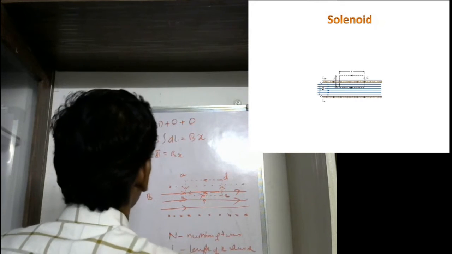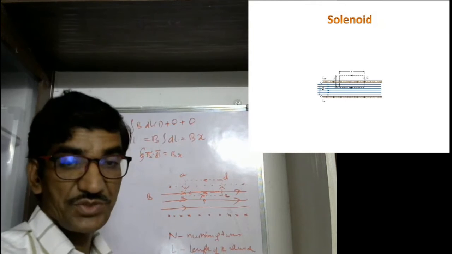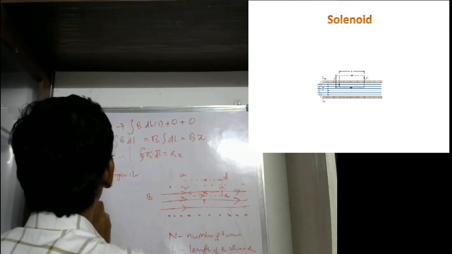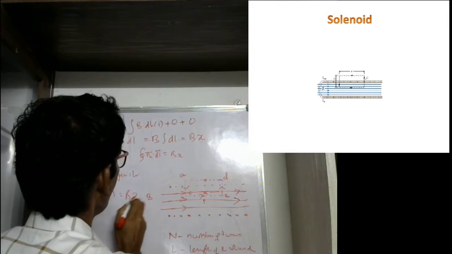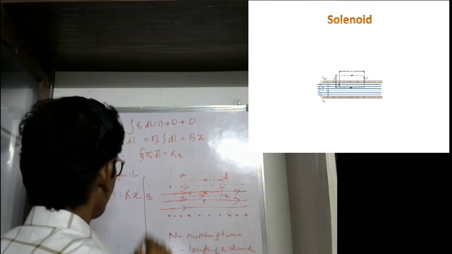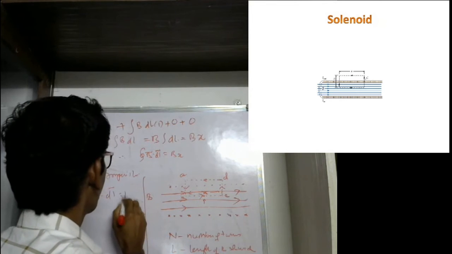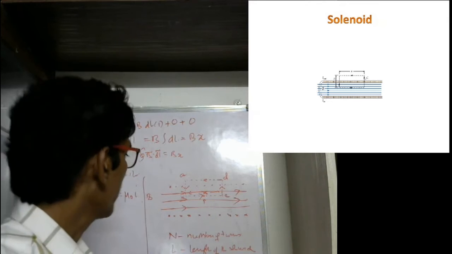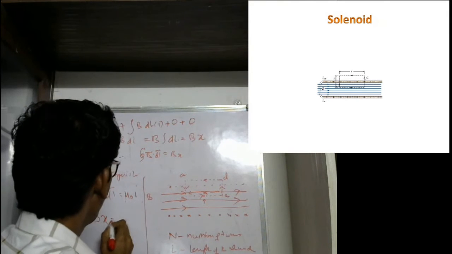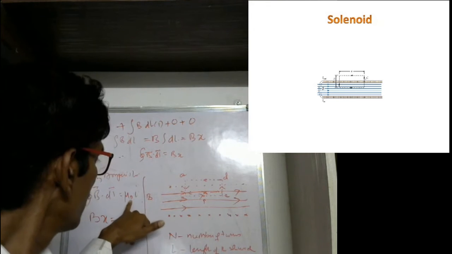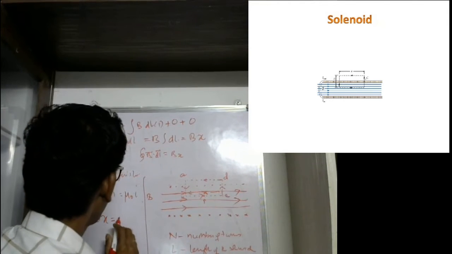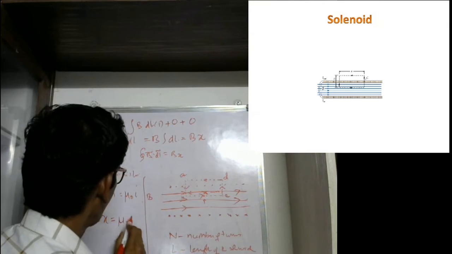Now, using Ampere's law, integral B dot dl is equal to mu naught I. On this side you got Bx, so Bx is equal to mu naught I. B into dl means B into x, so integral B dot dl is Bx.